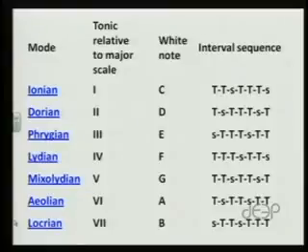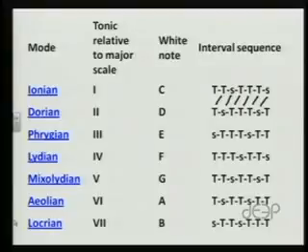The pattern would be the one that you see on the right: whole, half, whole, whole, whole, half, whole. Or if you compare that second line with the line above it, you'll notice that we've essentially just shifted the whole step, half step pattern over by one. So we're staying on all white keys from D to D. That's known as the Dorian mode.